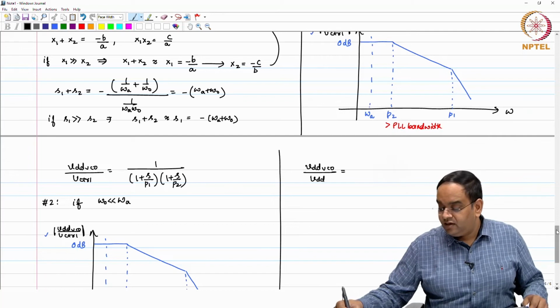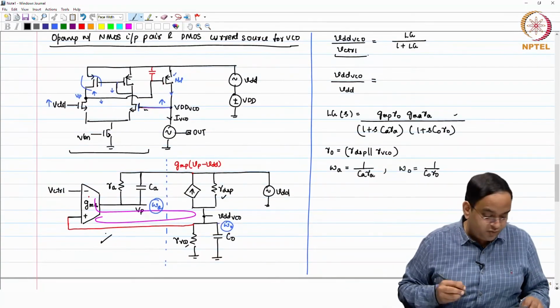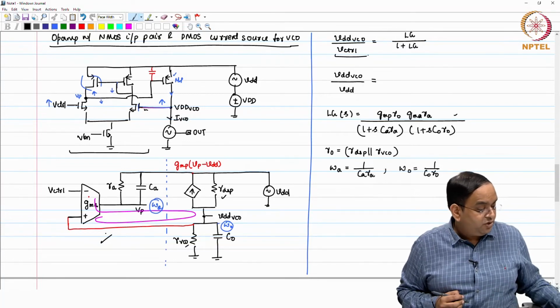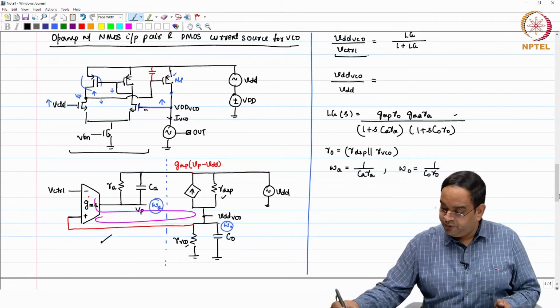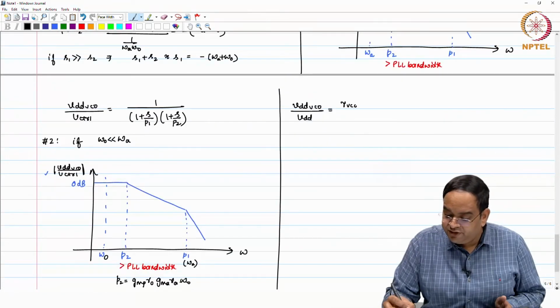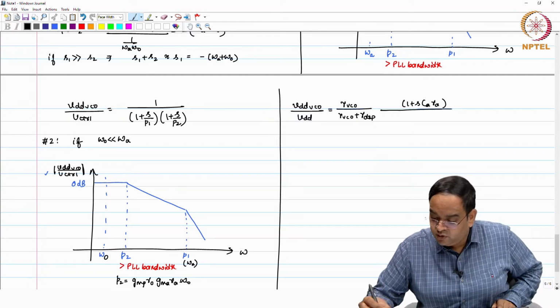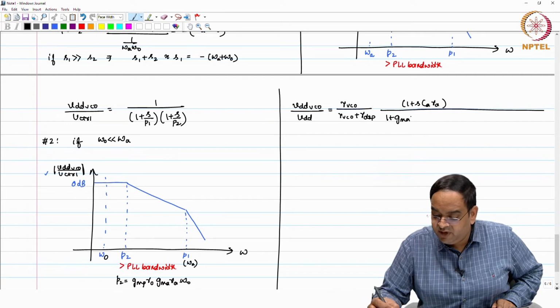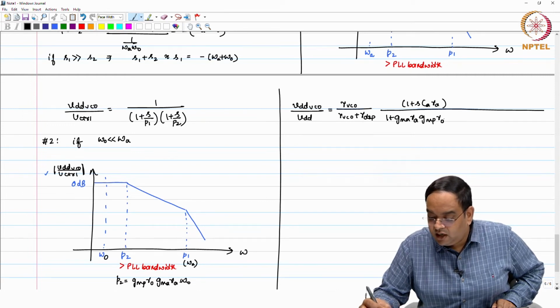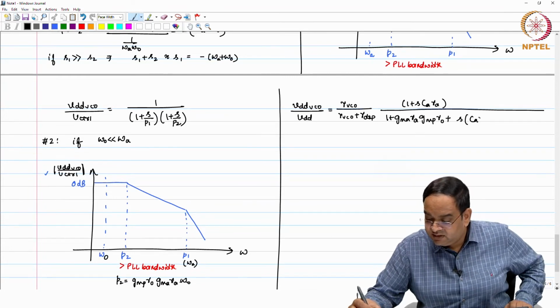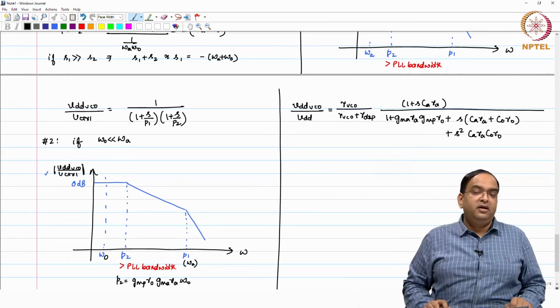Again you write KCL and KVL for this small signal circuit, and when you do that you will find the transfer function, and that transfer function is going to be RVCO divided by RVCO plus RDSP, times 1 plus S CARA, whole divided by, the loop gain remains the same, so you have 1 plus GMA RA GMP RO plus S times CARA plus CORO plus S square times CARA times CORO. This is your exact expression.